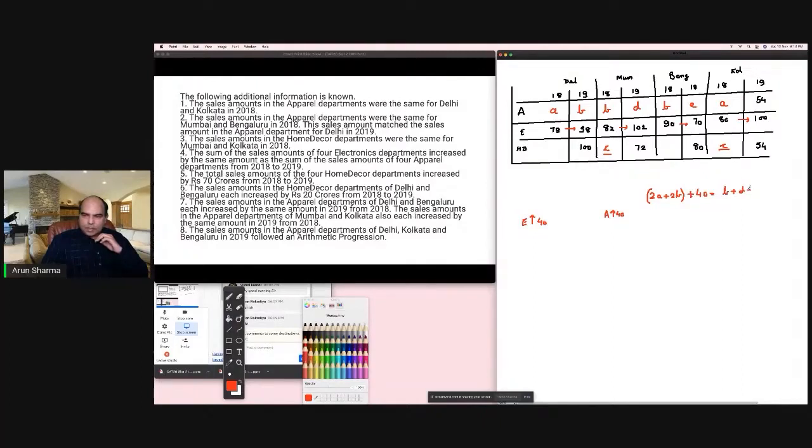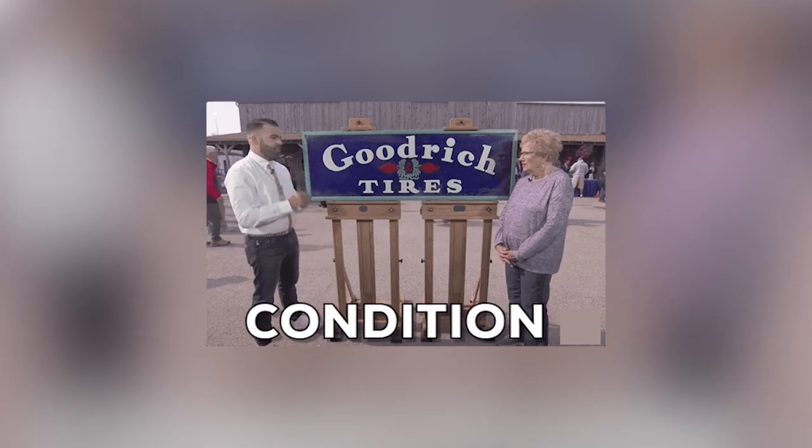This is the relationship that's coming out from clue 4. So when I finally find out the values of B, D, E, and A, I'll have to obey this condition. This is a condition given in clue 4.